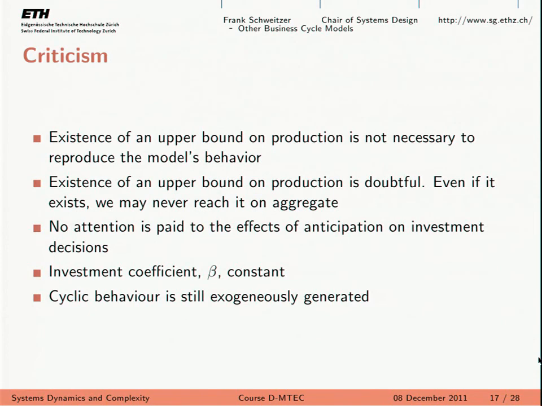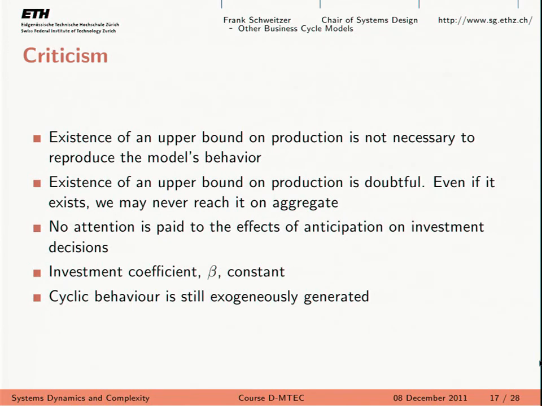More importantly, however, people have managed to show that the existence of an upper bound is not necessary to produce oscillations. Even if you disregard this point, you can criticize it further by saying the existence of an upper bound is not even realistically provable.